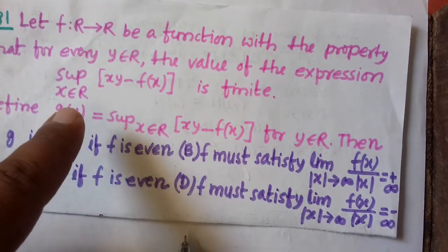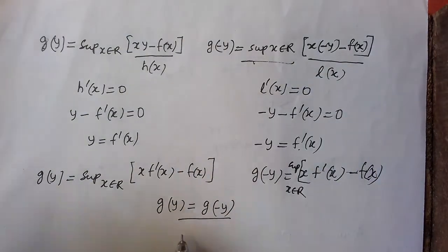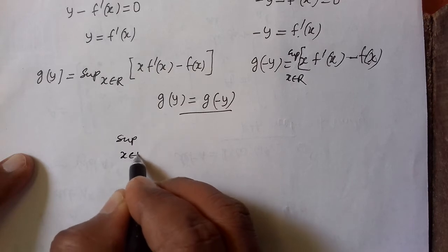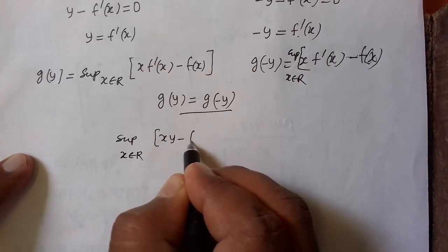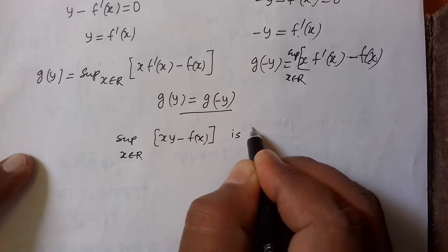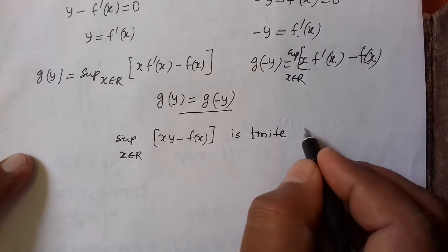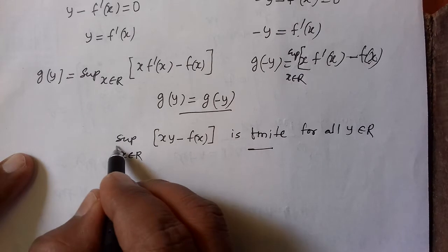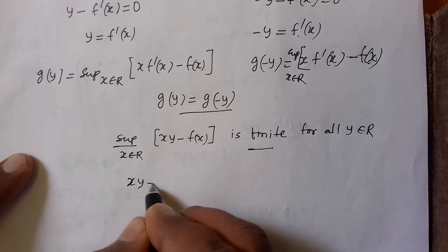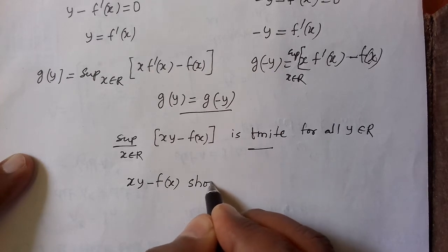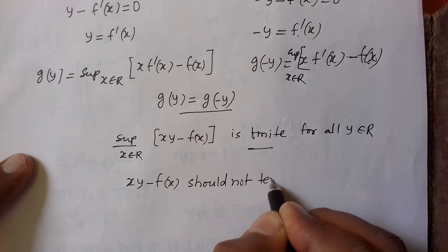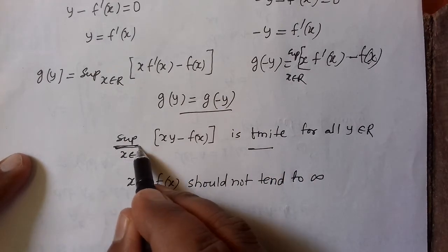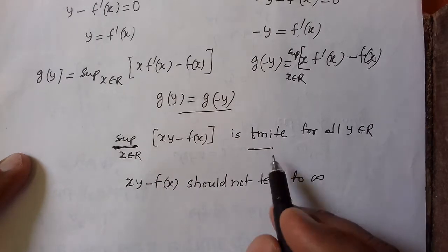Here you see sup over x belongs to R of xy minus f(x) is finite, for all y belonging to R. Sup means supremum, and finite means that xy minus f(x) should not tend to infinity, because sup means maximum value and here it is finite.